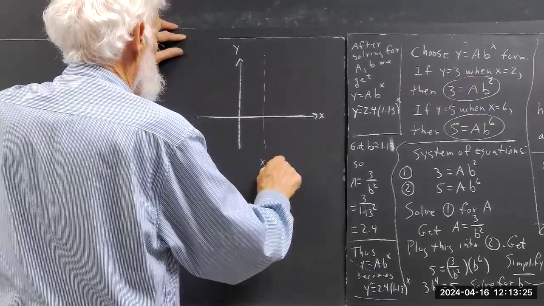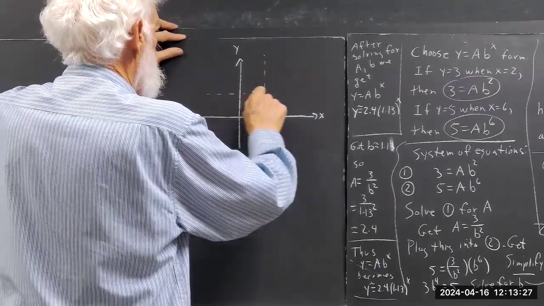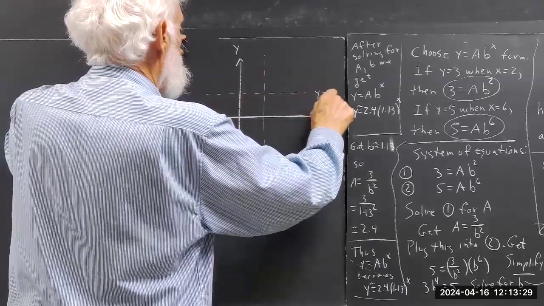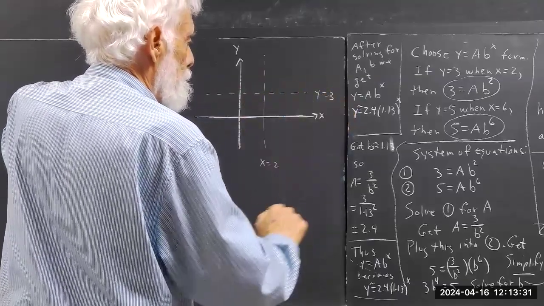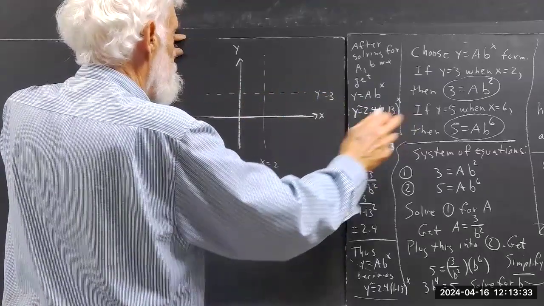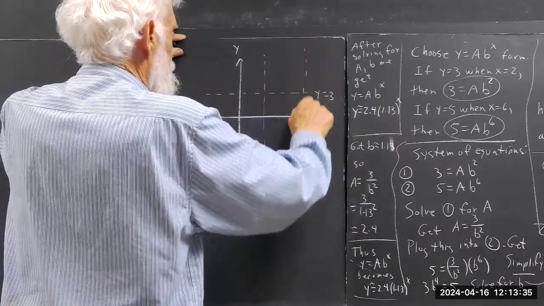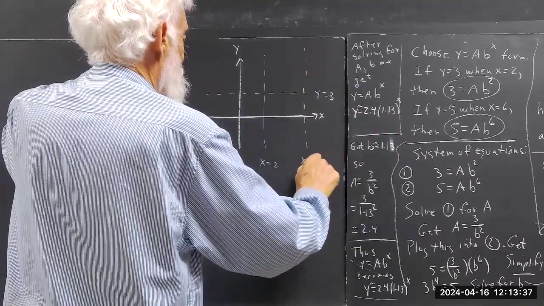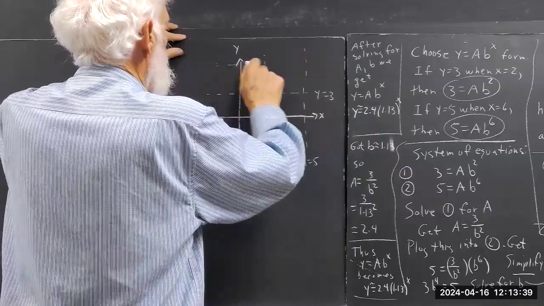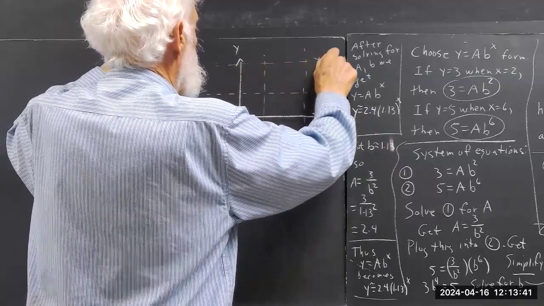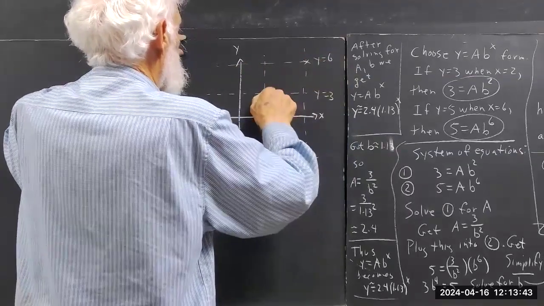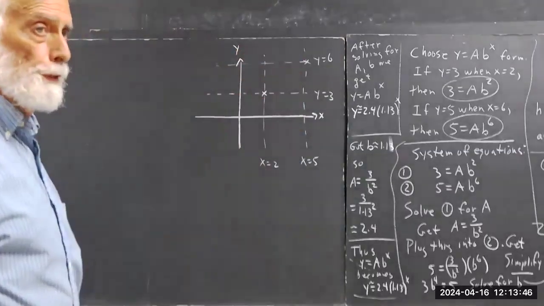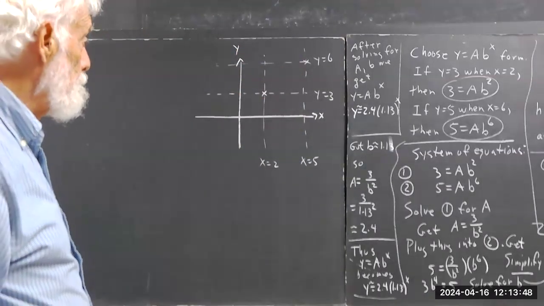Here, X equals 2, Y equals 3. And 5, 6. So when x equals 5, y equals 6. I have these 2 points on a graph of an exponential function.